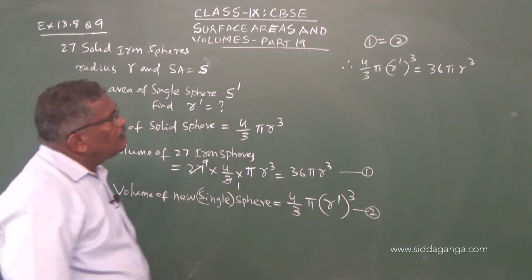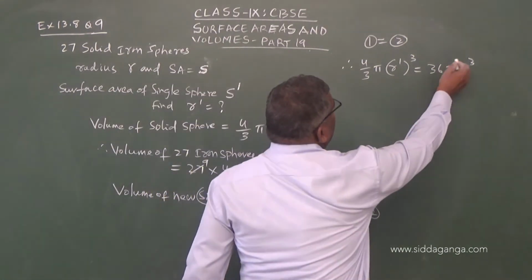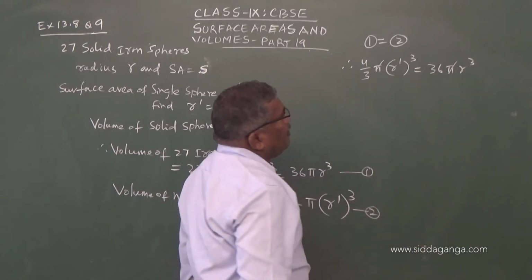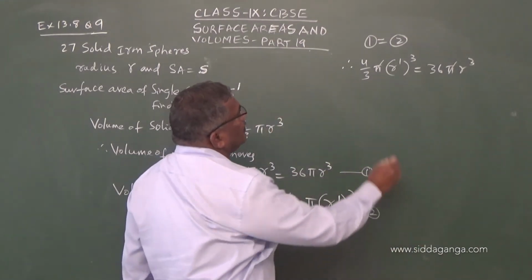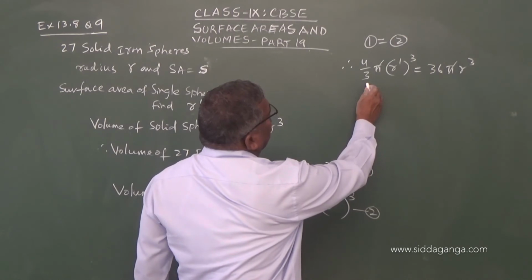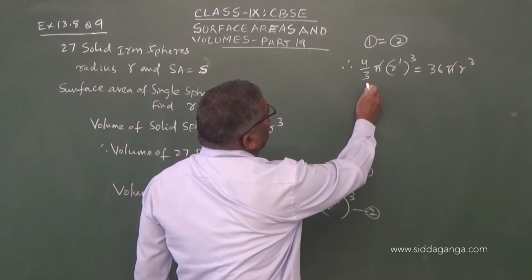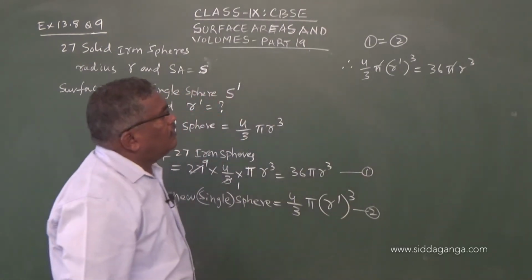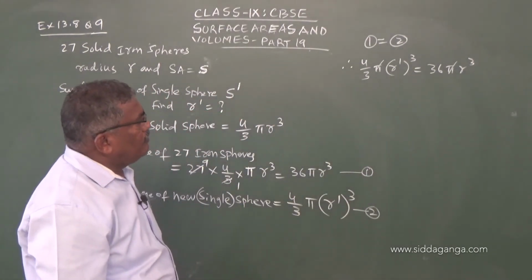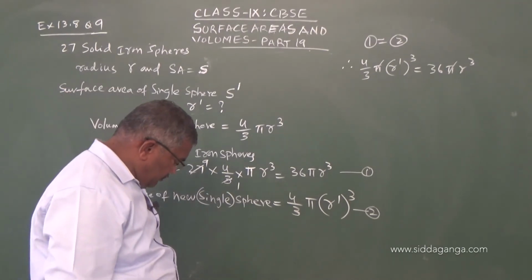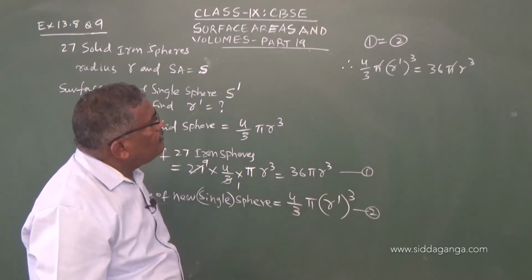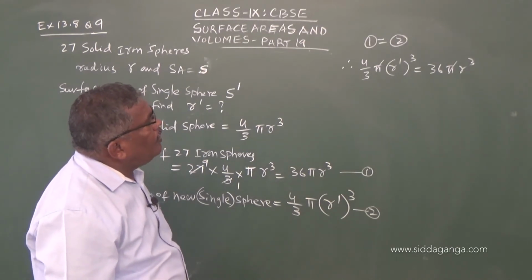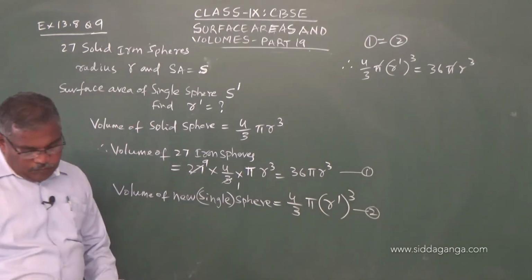You simplify this. So here this pi and pi get cancelled. So r dash cube equals 36 r cube.